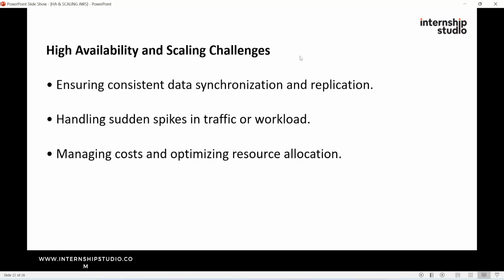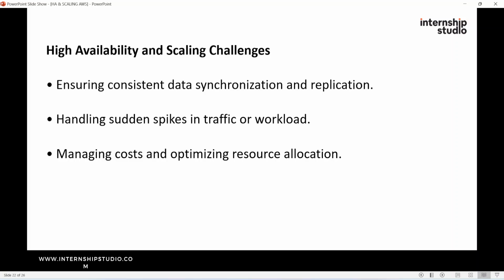So there are some challenges for availability and scaling. First thing is ensuring consistent data synchronization and replication. Maintaining consistency across multiple replicas or nodes in a high availability setup can be very challenging.